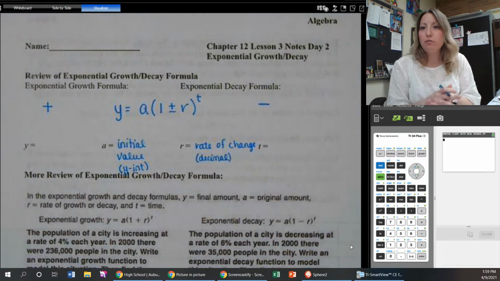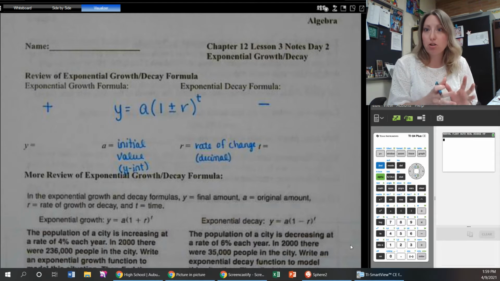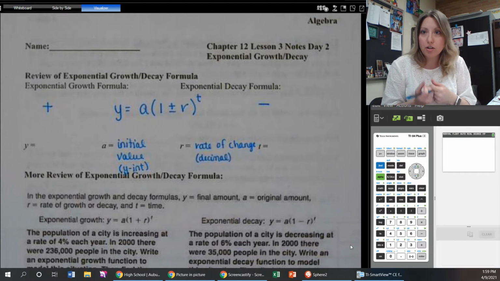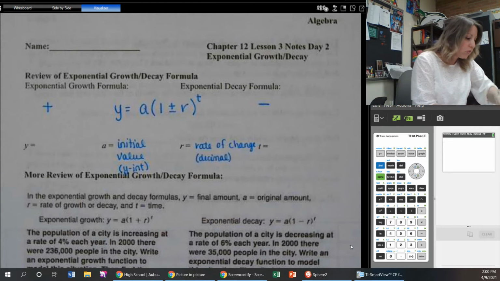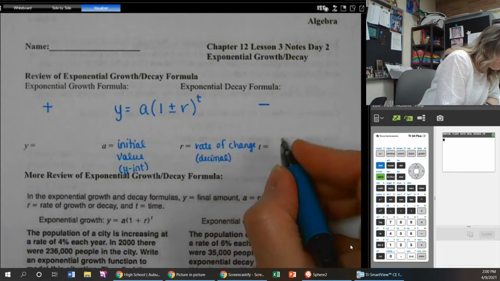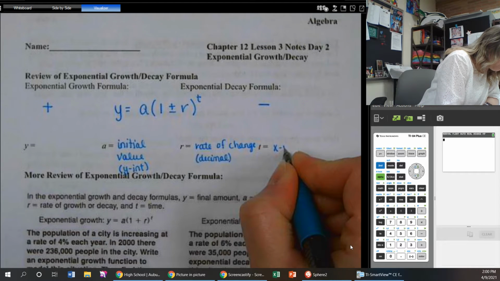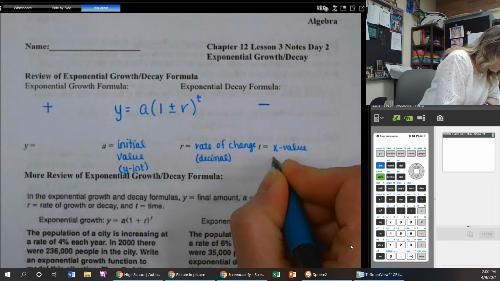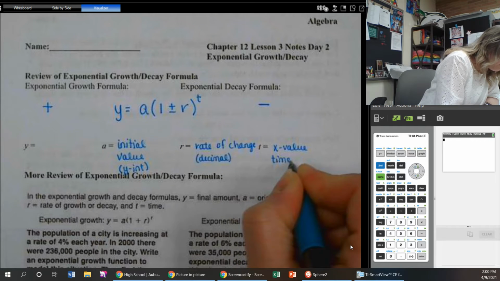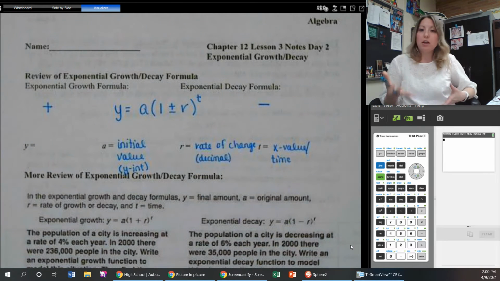So if you're given your rate of change in percent form, you must make sure it is converted into decimal form. And then the t is the x value or time, the amount of time that has passed.